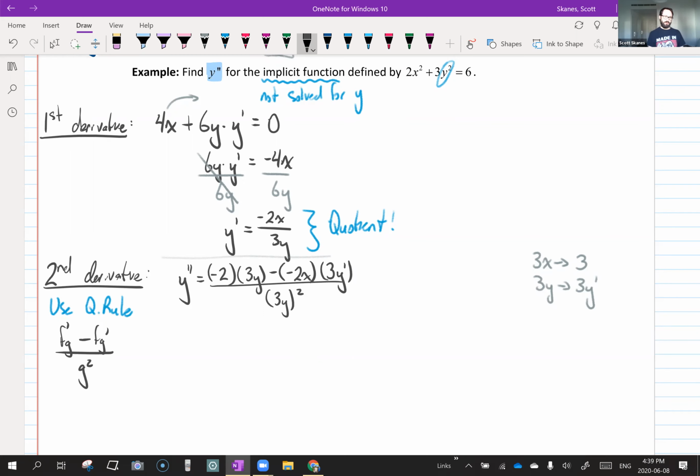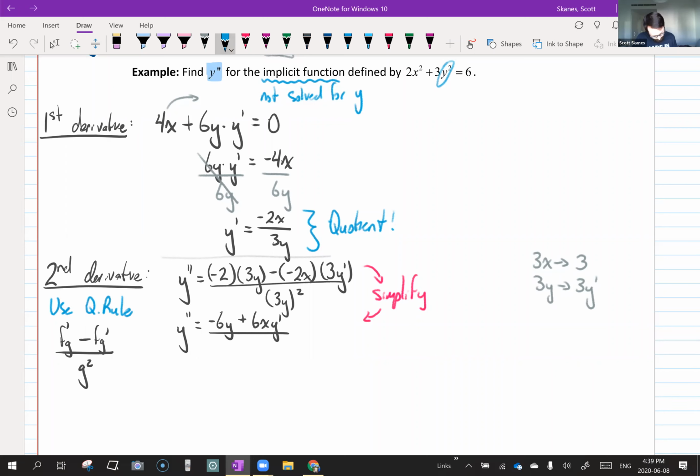Before I go any further, I need to simplify this because it's not very nice the way it is. It's not going to be easy to finish the question if I don't simplify. I'm doing -2 times 3, which is -6y, plus 6x y prime, over, how do we do this now?